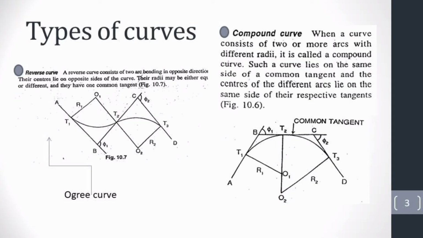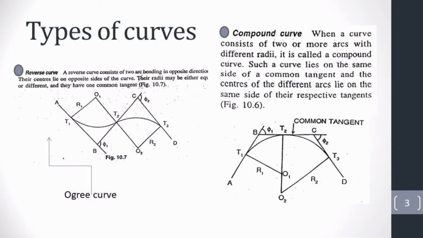And then we go ahead to the compound curve. When a curve consists of 2 or more arcs with different radii, it is called a compound curve. Such a curve lies on the same side of a common tangent, and the centers of the different arcs lie on the same side.